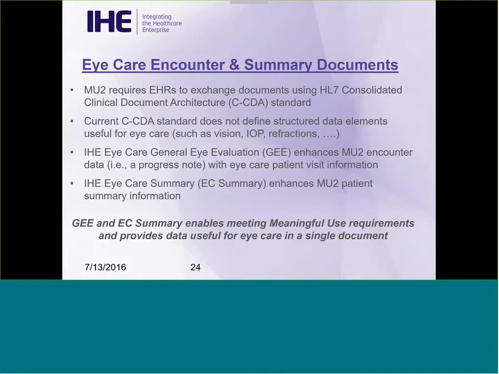Okay, that's basically the encounter for the patient. And then we also have the IHE Eye Care Summary Data. And again, what we did is we took the exact specifications that MU2 defined as part of the consolidated CDA, HL7 CDA, and we enhanced them to include eye care data.